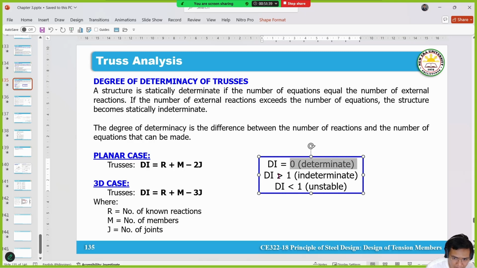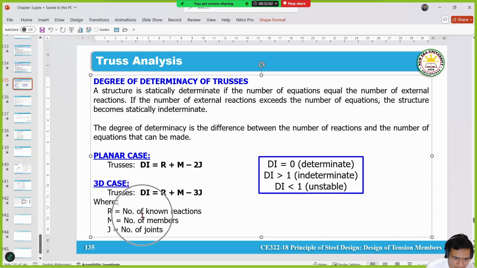Kapag naman yung DI mo is greater than 0, it's indeterminate, ibig sabihin you could not use the three equations of equilibrium to solve yung truss problem mo. And kapag yung degree of indeterminacy mo is less than 0, that means it's unstable. The definition for R is the number of known reactions, M is the members, and J is the joints.